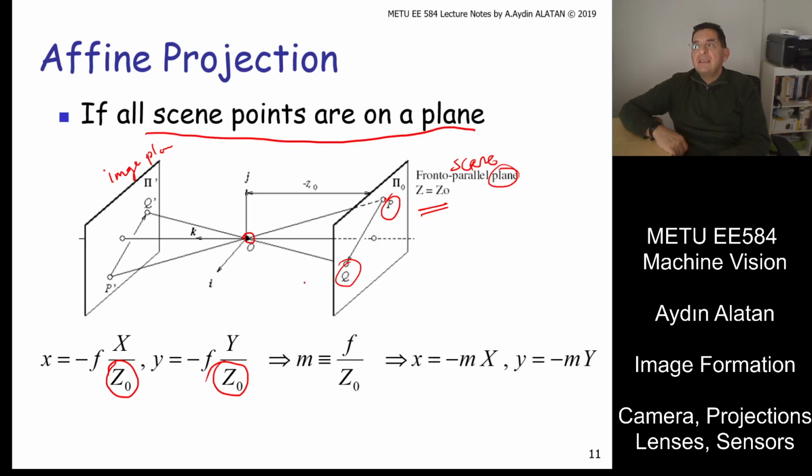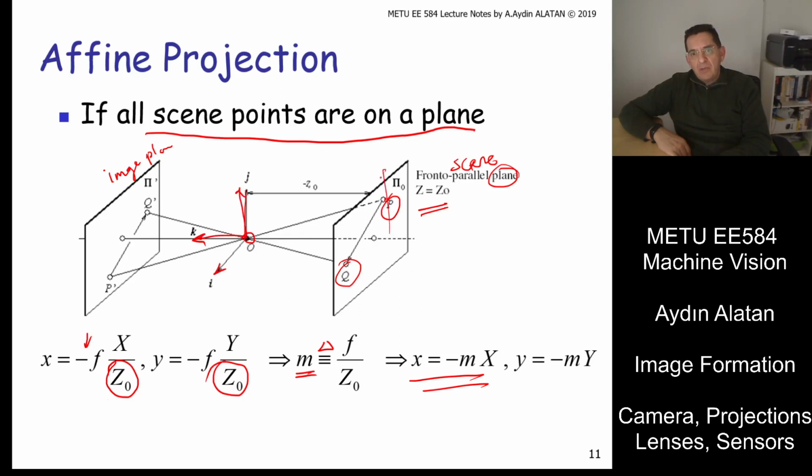Therefore, everything is Z0 distance away. Hence, dividing F by Z0 will give you, if we define it as m, x' is equal to m times x. There is a minus sign, maybe you don't like this, but this is due to the flipping operation. Therefore, if this is your coordinate system, like this, I, J, K, X, Y, Z, whatever.